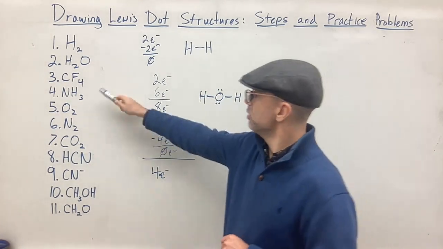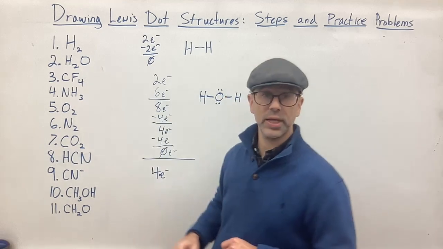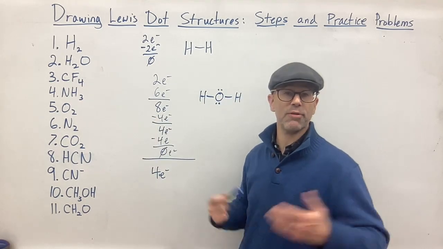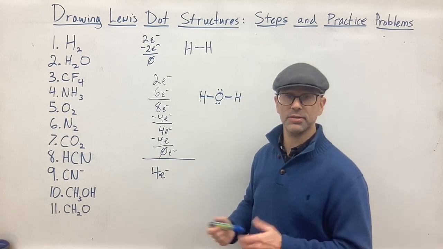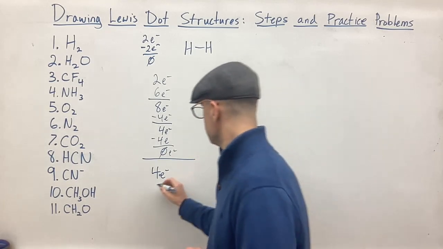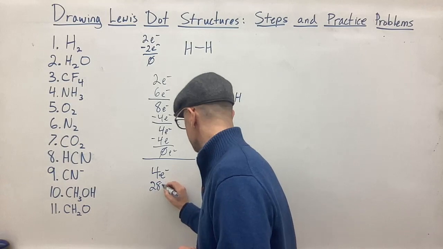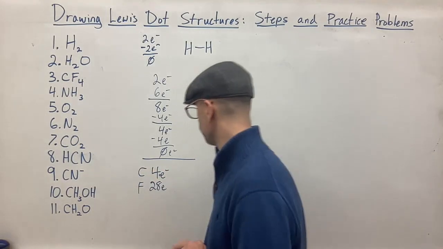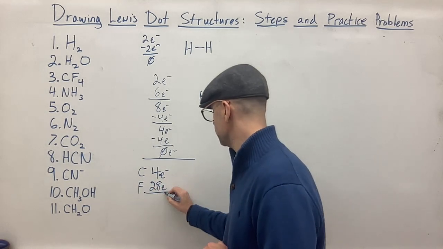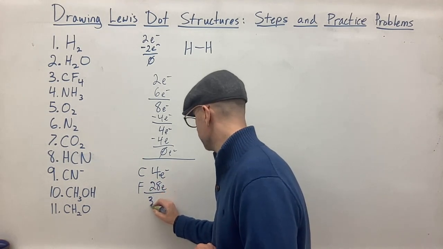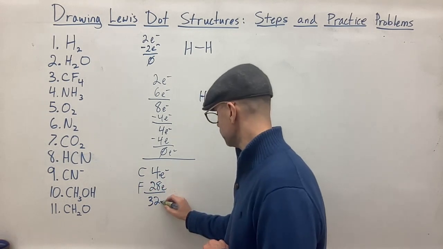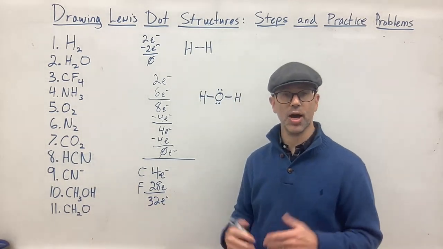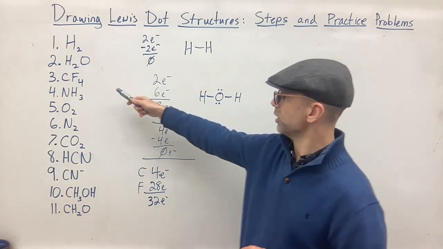And we have 4 fluorines. Fluorine is in group 7, so it has 7 valence electrons, and we have 4 of them. So 4 times 7 is 28. So we have 28 electrons from our fluorine. So we add these together, and we have 32. So we have 32 total valence electrons for our CF4 molecule.